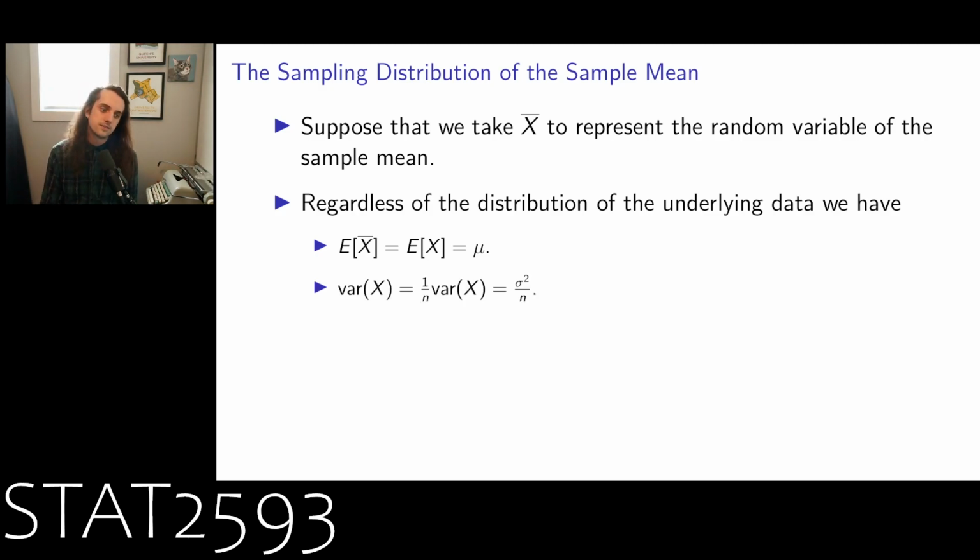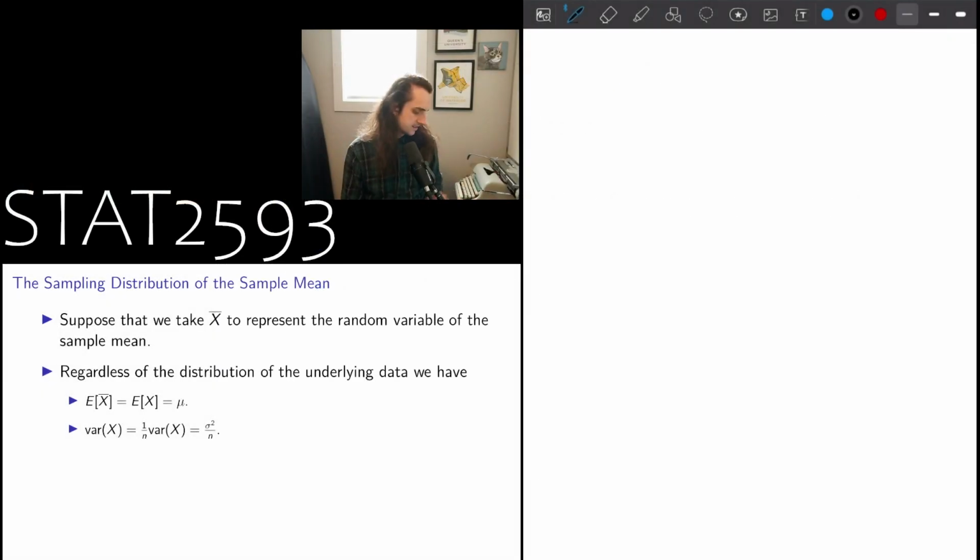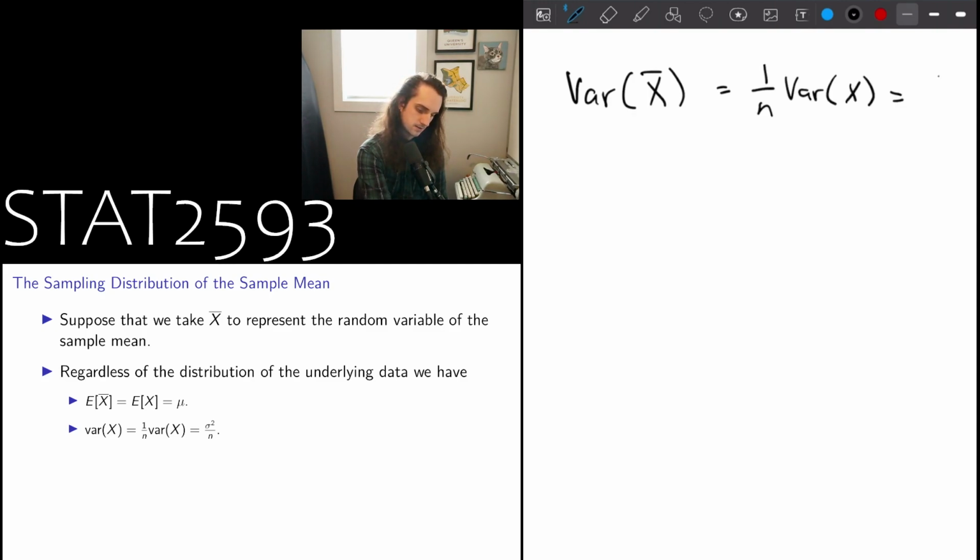We can also write down that the variance of X bar is going to equal 1 over n times the variance of X, which we can just denote as sigma squared over n. Now, in order for this to be true, we require the samples to be independent of one another, but we're always assuming that in this course. And so we can write down that the variance is going to be sigma squared over n.